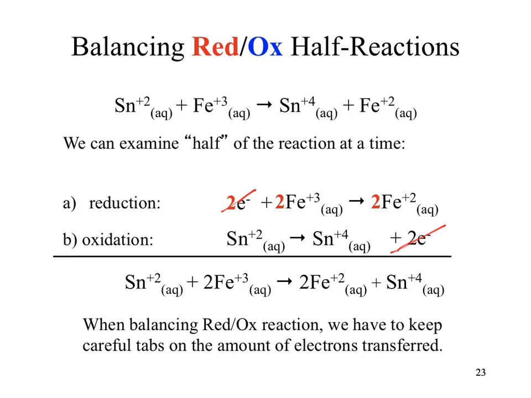So one easy way to check and verify that this was done properly: what's the charge on the reactant side? Oh, wow, I didn't do that math very well. We've got +3 times 2, so we've got 6 from that plus another 2 plus 8. What's the charge on our product side? Is our charge balanced?